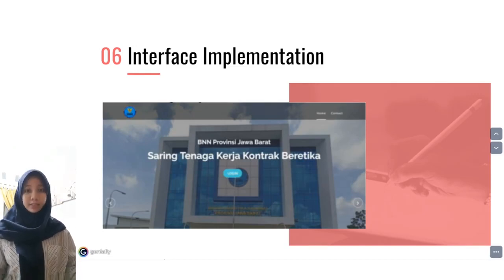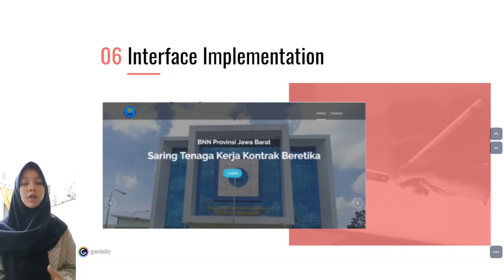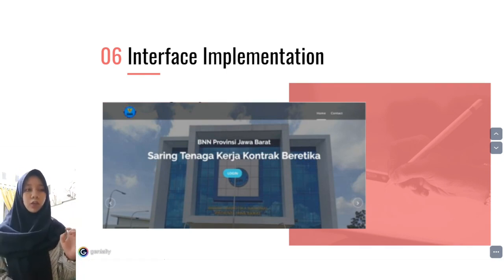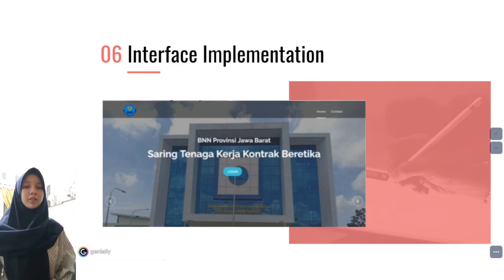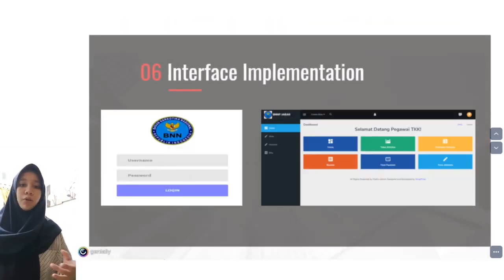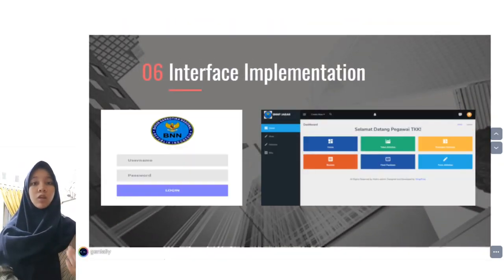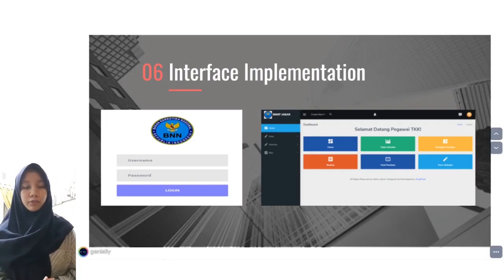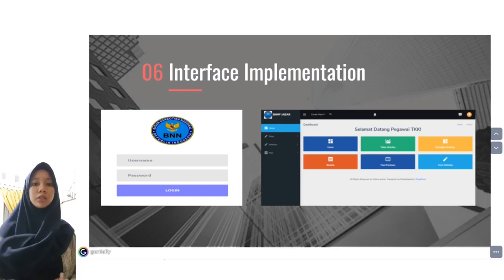section, Interface Design Implementation. This is the interface built with the CodeIgniter framework. At the first of the website, we can see the home page. When we land on the website, this is the interface: a login form. If users log in, it will be different for the employees, the head of subdivisions, the head of division, and the head of BNN.